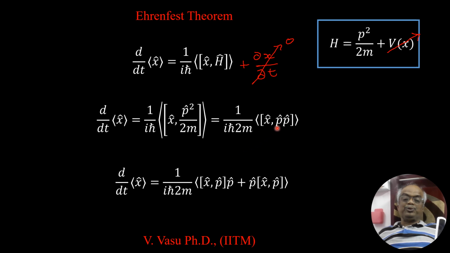So using commutator expansion, we can rewrite this as the expectation of the commutator of x with p, times p, plus p times the commutator of x with p. We will simplify this.